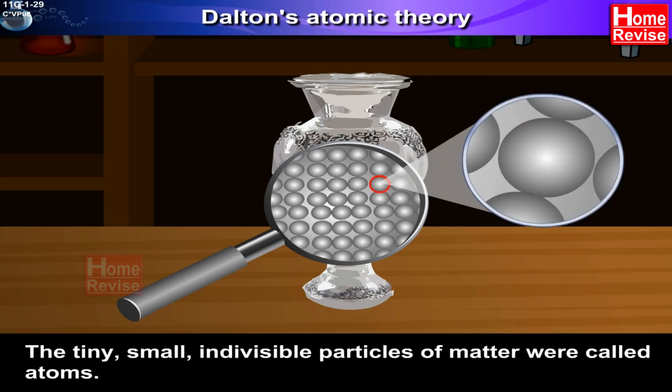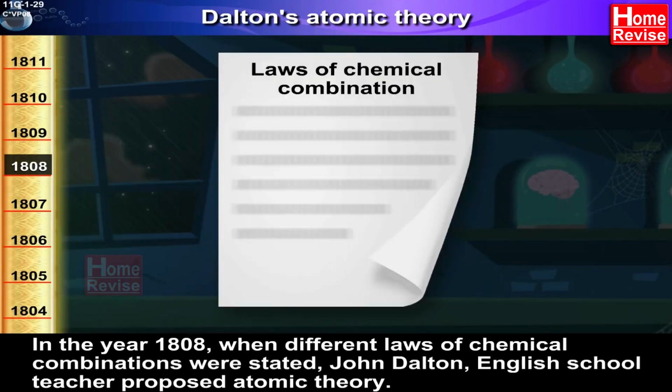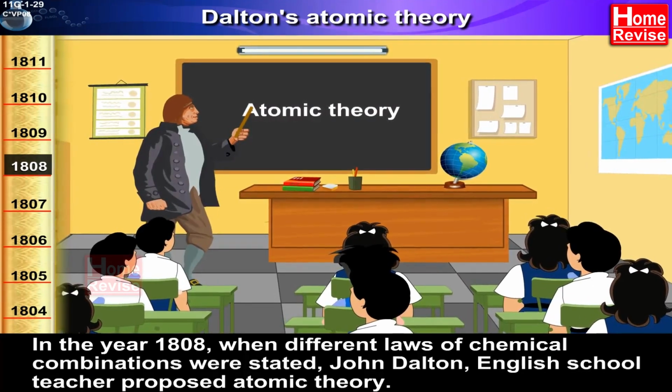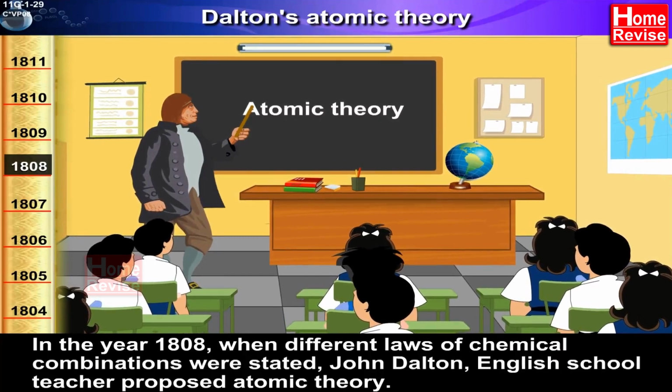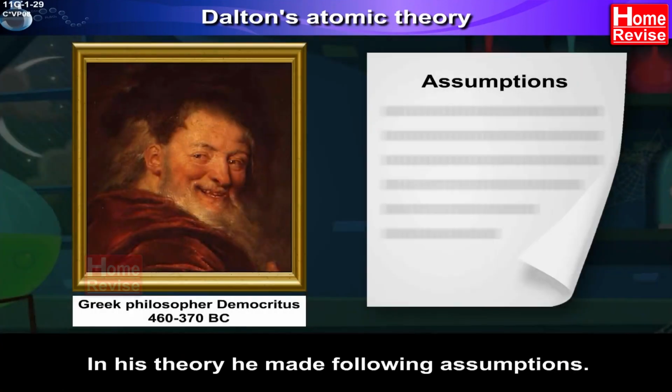The tiny, small, indivisible particles of matter were called atoms. In the year 1808, when different laws of chemical combinations were stated, John Dalton, English school teacher, proposed atomic theory. In his theory, he made following assumptions.